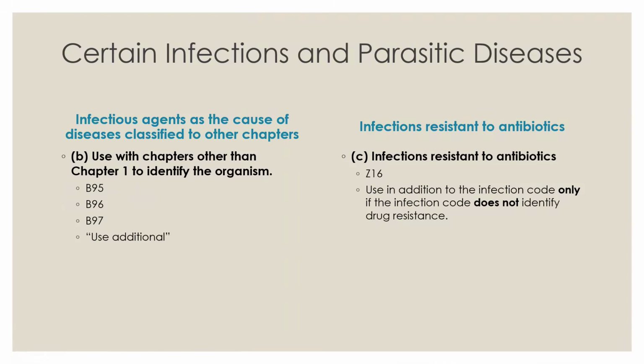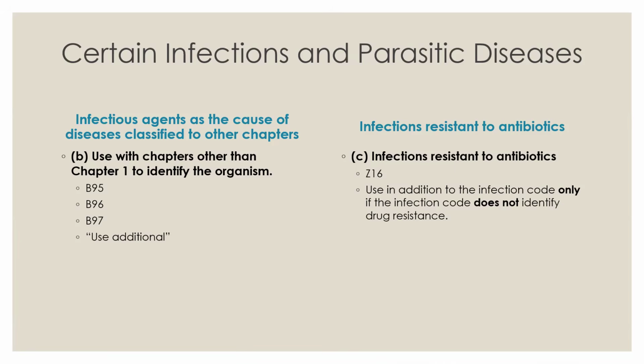When we start talking about infectious agents as a cause of diseases classified to other chapters, we now start into our B codes. So we're going to be covering B95, B96, and B97 in this section. A code from B95, Streptococcus, Staphylococcus, or Enterococcus as the cause of diseases classified to other chapters.